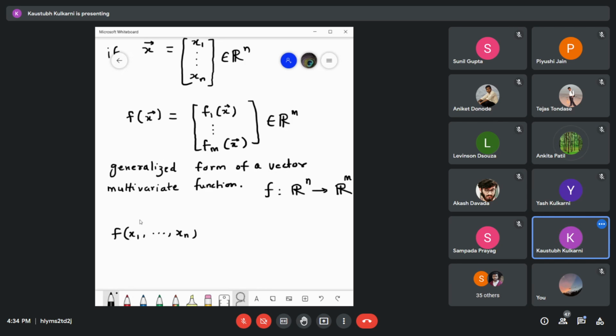So f is a function of these n variables x1 up to xn, and because this is a vector valued function, it will have its m components f1 to fm, and all of them will have these n variables to work on, that is x1 to xn.